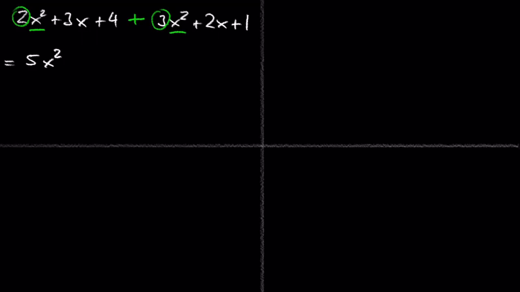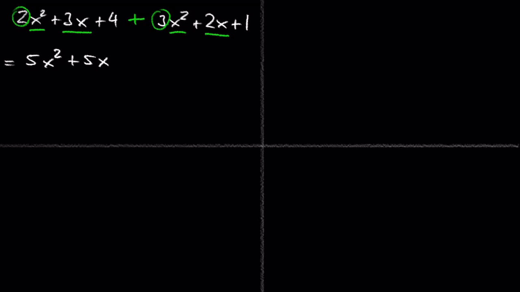Let's combine the terms with x. With x we have 3x and 2x. So we add the 3 and the 2 and keep the x, which gives us 5x. Up until now we combined the terms with x squared and the terms with x.